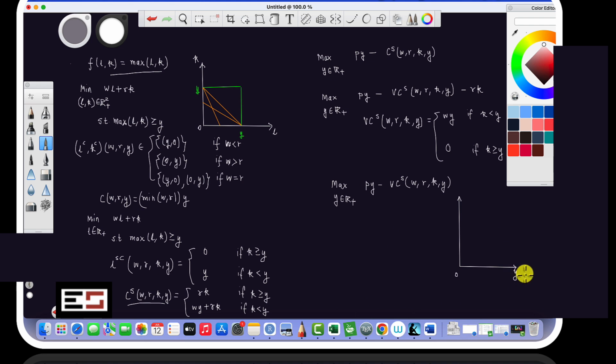Output is something that you're choosing, so that's on the horizontal axis, and revenue or cost is on the vertical axis. Now if you plot the variable cost, this is how it's going to look.